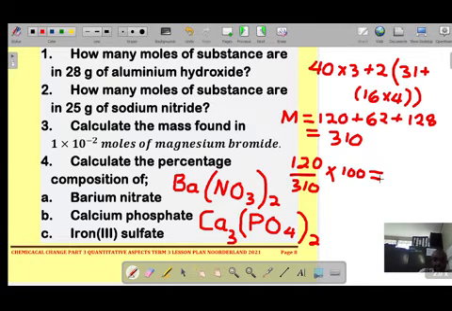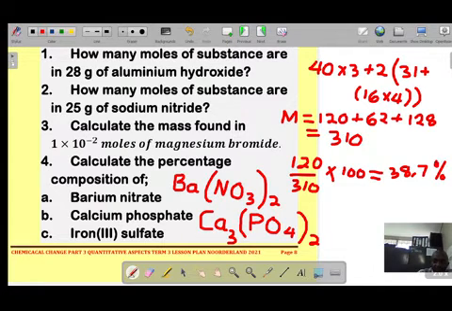Let me check it out faster. 120 divided by 310 times 100, 38.7. So I get 38.7%. This is the percentage of the calcium in calcium phosphate.